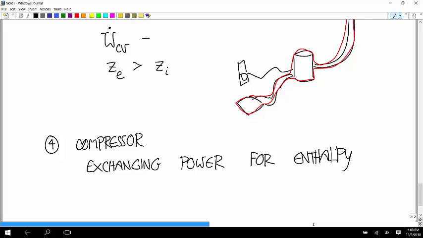That enthalpy increases as you're increasing the pressure of the gas using the compressor. The simplified equation says W dot for the control volume is equal to the rate of mass flow times the quantity enthalpy at the inlet minus enthalpy at the exit.